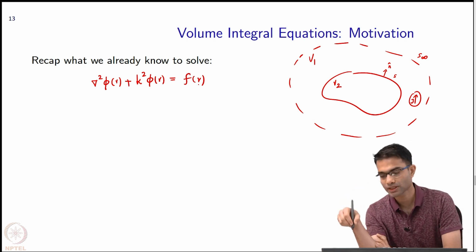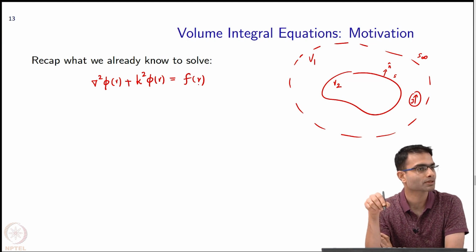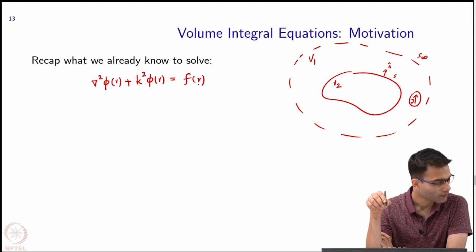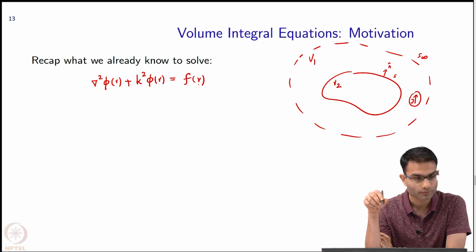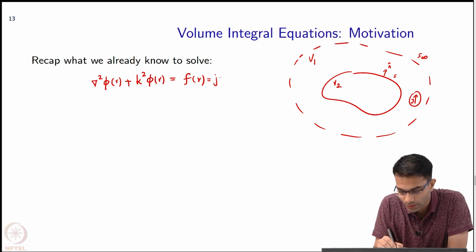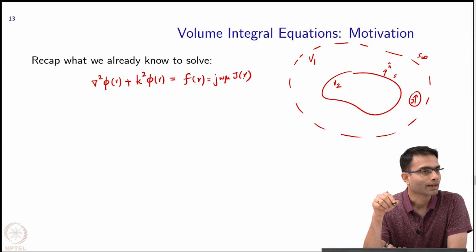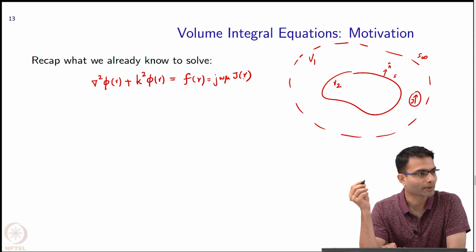Which of the terms contains the current source? F of r. F of r was something like j omega mu J of r, so we just absorbed it into f of r. This equation we have seen many times by now.